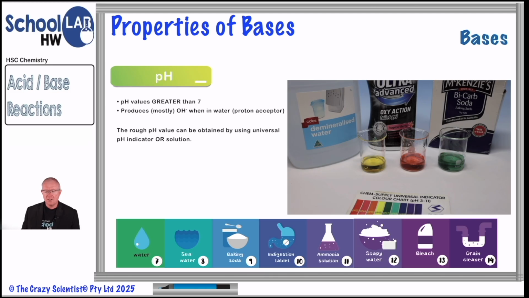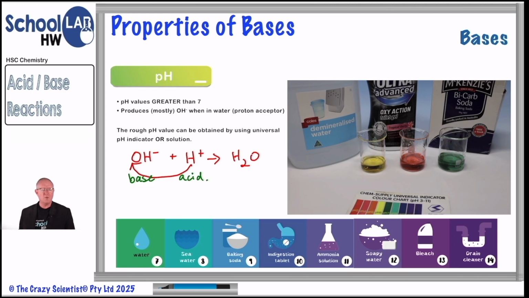If I have an OH minus from sodium hydroxide, then it's a proton acceptor, because if that OH minus comes across an H plus in solution, it'll accept that H plus, and that'll make water. So here is the base and this is the acid. That is one definition which we'll come across again later.